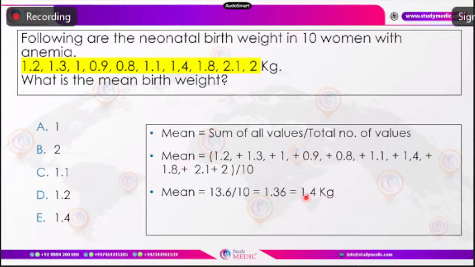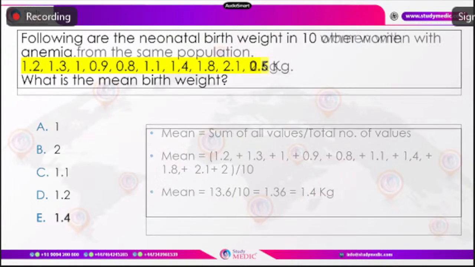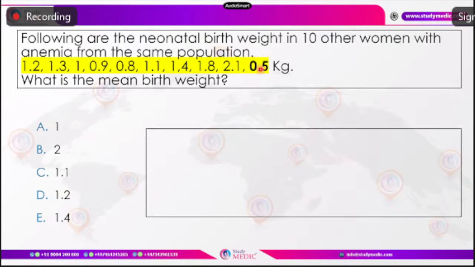Now, suppose another sample is drawn from the same population, and this time, instead of a woman with a 2 kg neonatal birth weight, a woman with a neonatal birth weight of 0.5 kg was recruited in the sample. We are drawing the sample from the same population, but a different sample this time. So what will happen to the mean in this case?